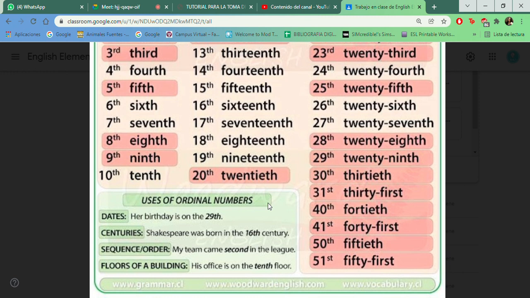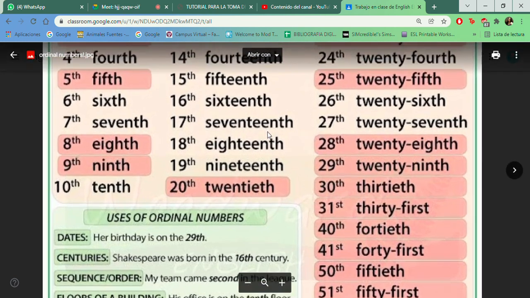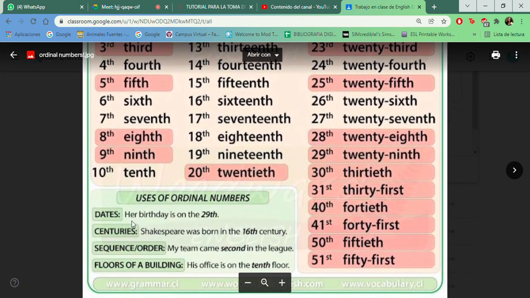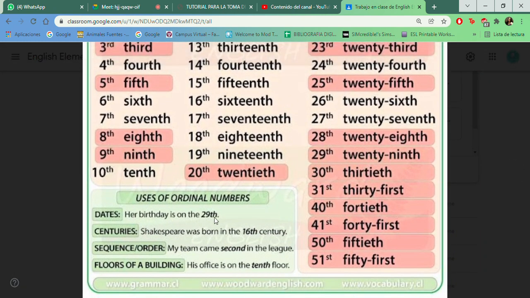Sí, yes. Third floor. Excellent. Anyone else? I live in ninth. Ninth. The pronunciation is the same, the spelling is different. You live on the 9th floor. Excellent. Good. And we use it for dates. Her birthday is on the 29th.